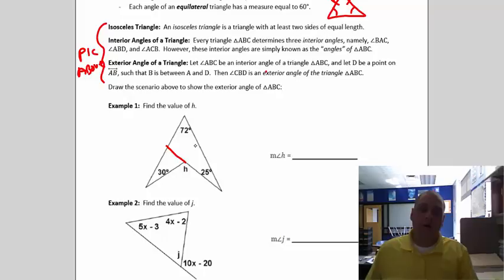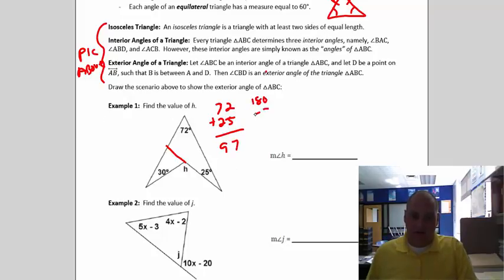Okay. The reason why I'd want to do that is because I know the 3 angles of a triangle add up to 180. So the 72 and 25, I know this angle right here is going to be whatever 72 plus 25 is, take away from 180. 72 and 25 is 97, right? So you do 180 minus 97, and that's going to be 83.